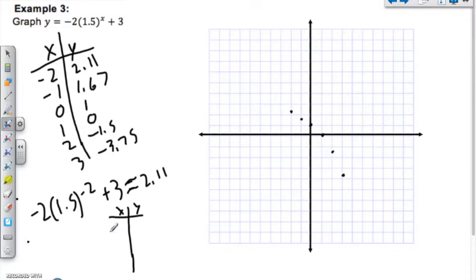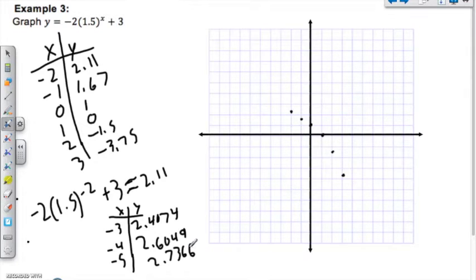So I'm going to just try plugging in -3, -4, and -5. And when I do that, I'm going to find that I'm going to get 2.4074, 2.6049, and 2.7366. So it doesn't look like we're increasing that much as we're going that way.